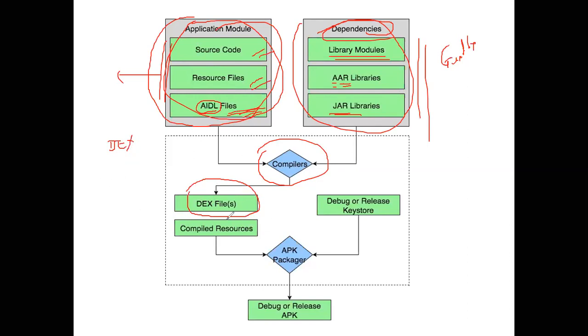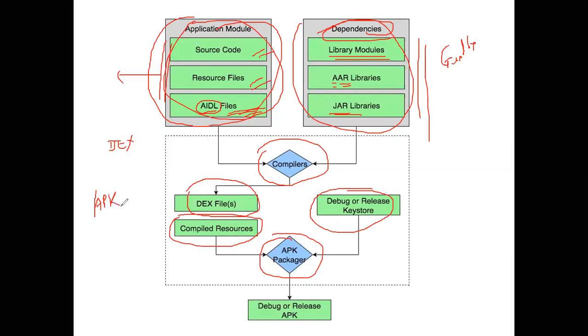So after getting this compiled version of the files, you have the compiled resources, all these resource files as well as executable files, and you have a debug or release keystore, which can be incorporated in your APK. What is APK?